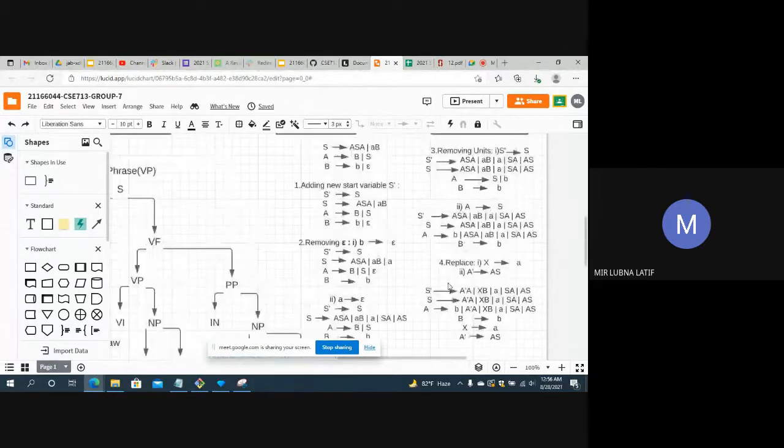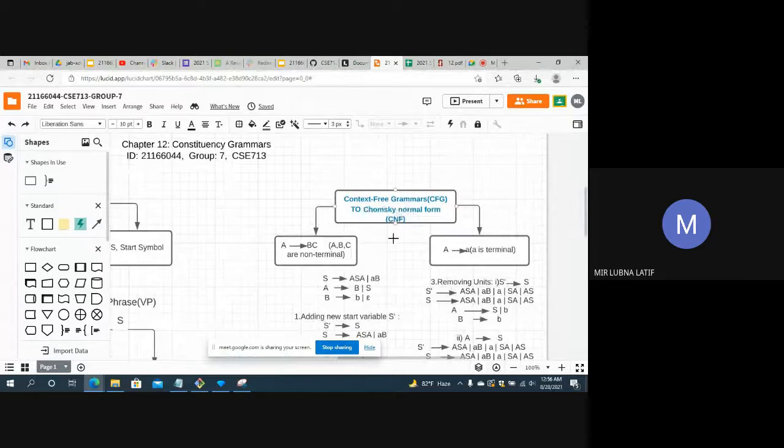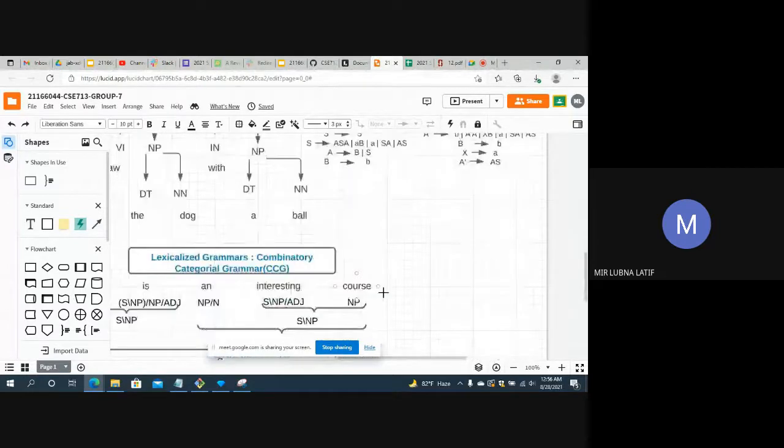So here the context-free grammar to Chomsky form is described.